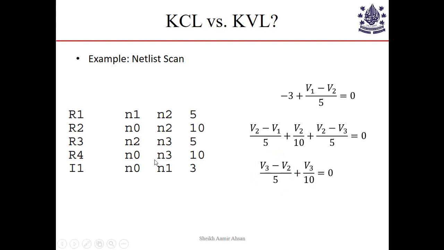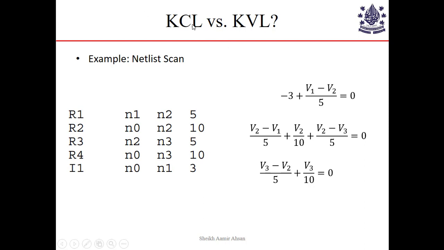Now it sees between n3 and n0 we have a resistance of 10 ohms, so it adds this term. And finally it sees this last statement and adds a corresponding entry here. So that's how you get these three equations. This is the algorithm that SPICE follows in writing down these nodal equations.